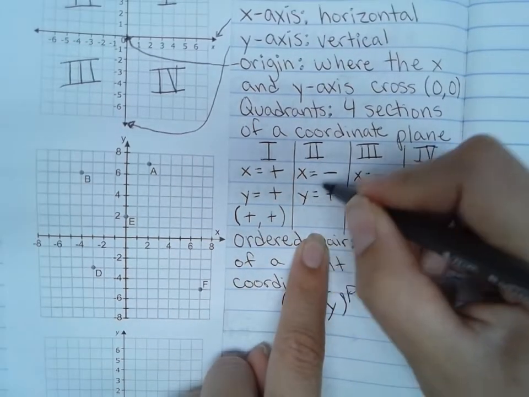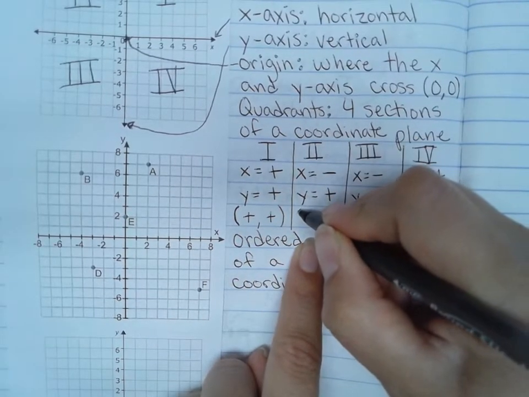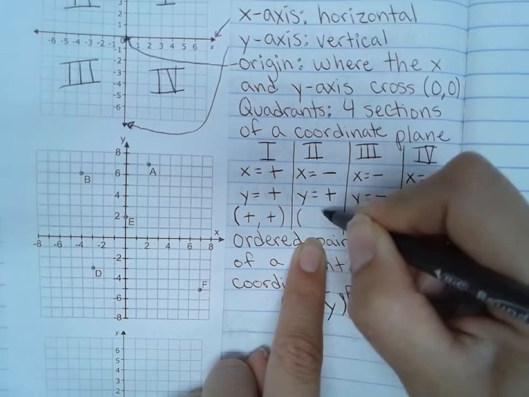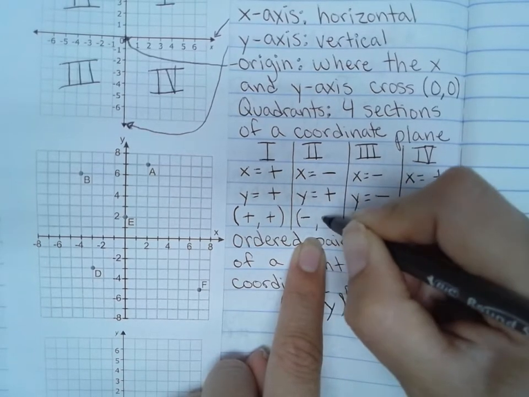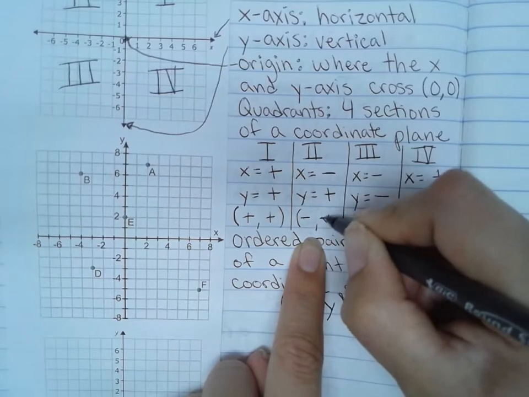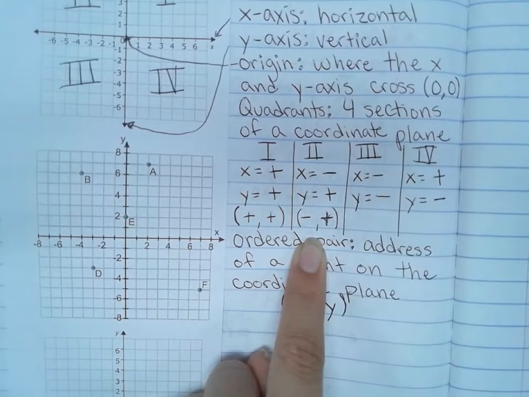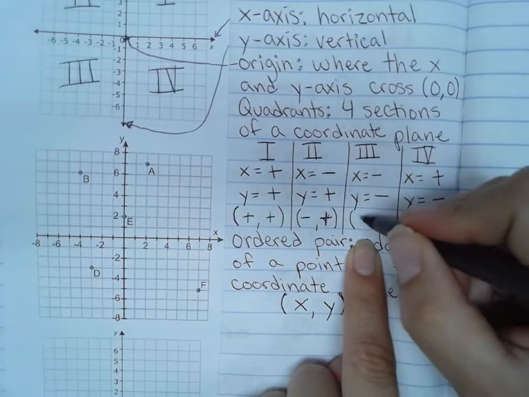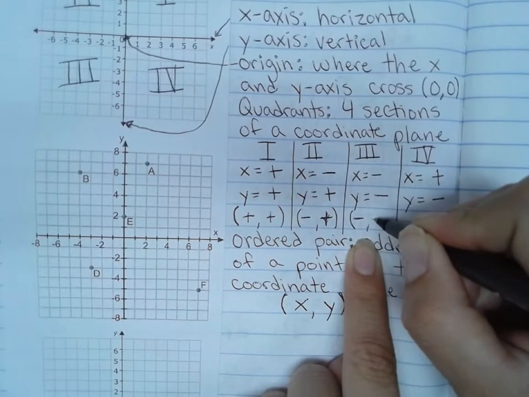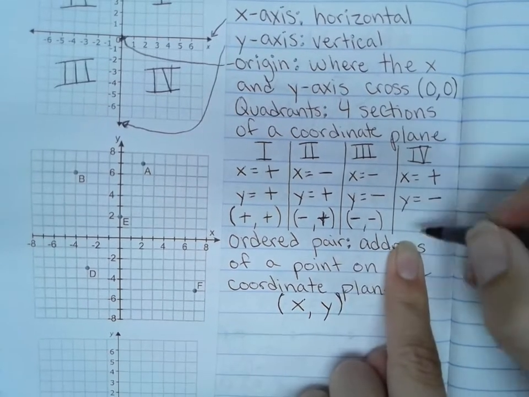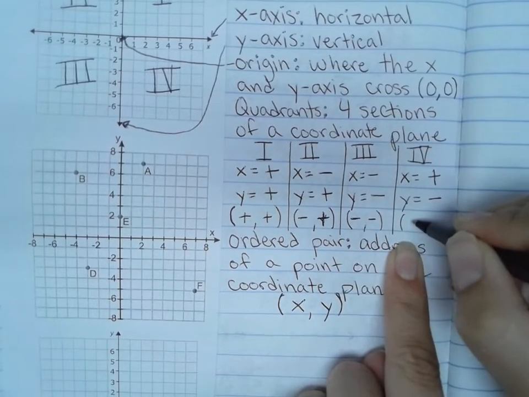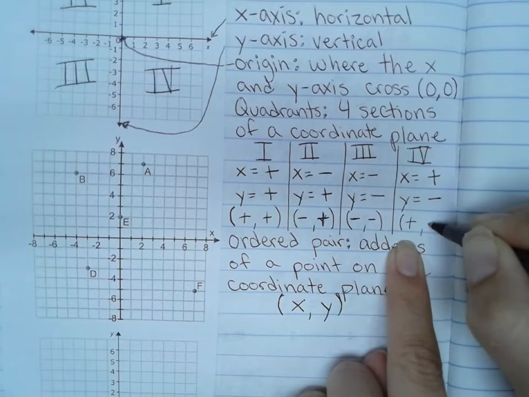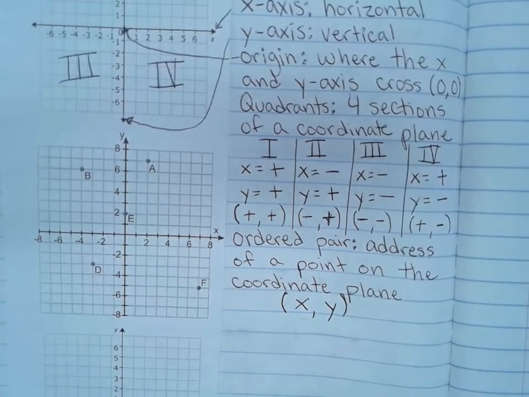Okay, any ordered pair in this area, your x will be negative, your y will be positive. An ordered pair in this quadrant, your x will be negative and your y will be negative. And here, your x will be positive, but your y will be negative. Okay.